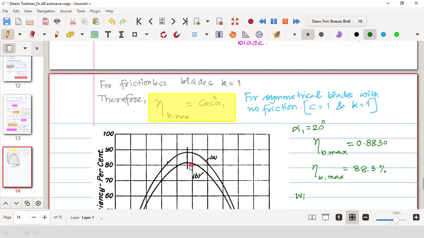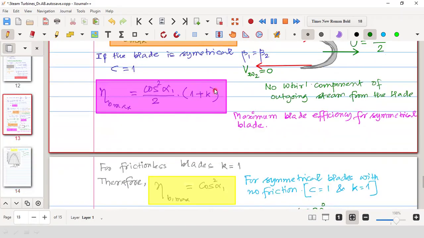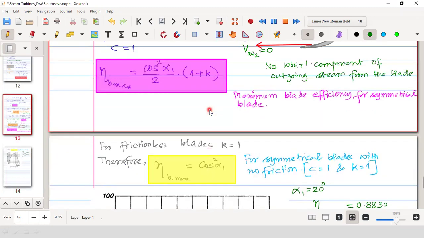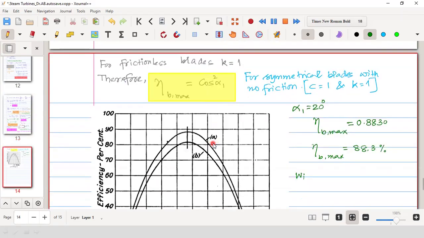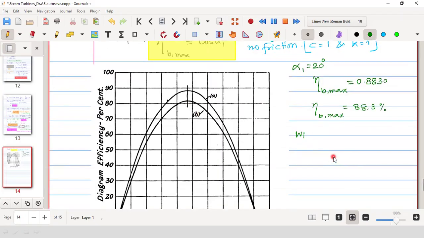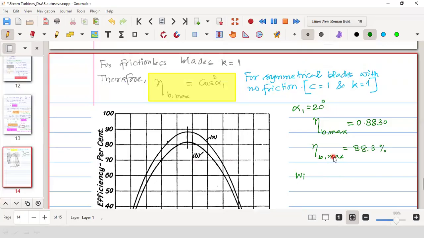In case of K is equal to 1, that is coming to be 2. In case of K is equal to 0.84, that means friction coefficient, say 0.84, it will be 1.84. So that will be different, definitely. About 16% it will reduce for K, so half of that.